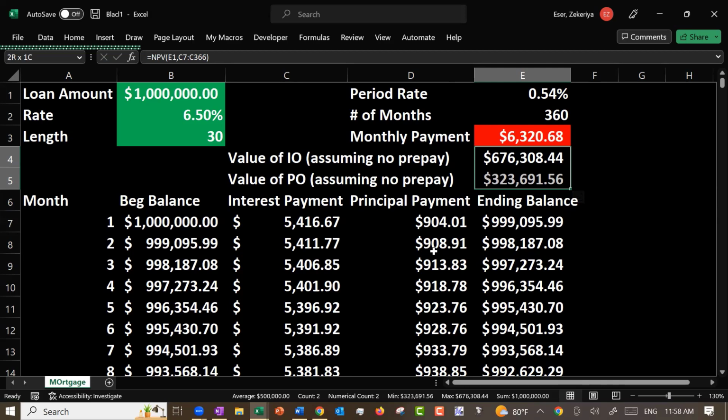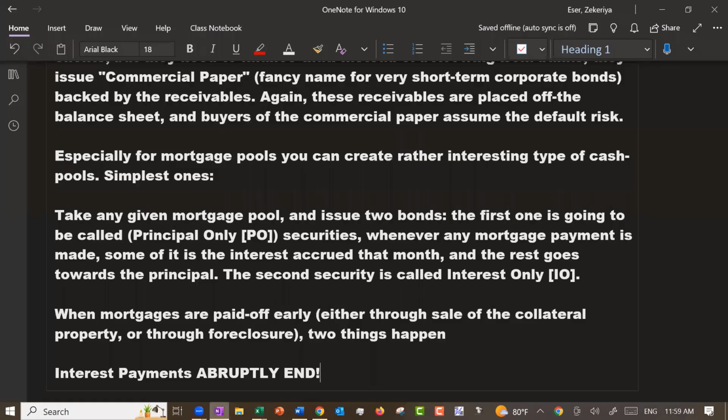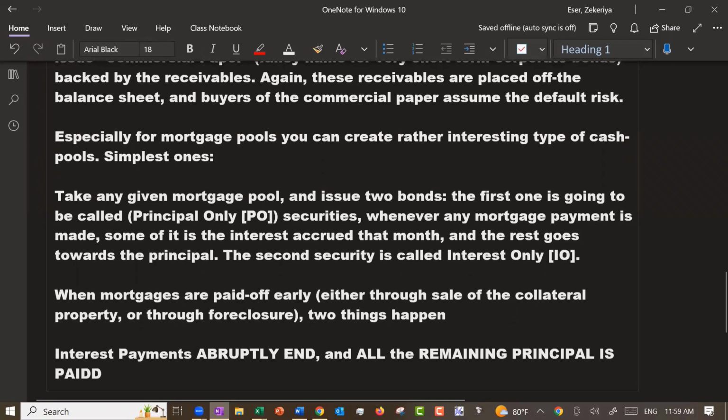So these are all the remaining principal is paid. Okay.